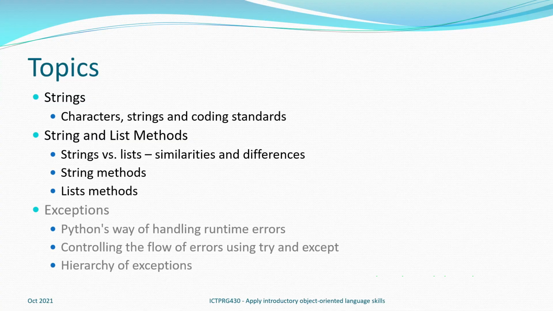So we'll be talking about the coding standards used to represent strings, each character, and then we'll expand on the methods and functions that you already know about to handle strings and lists. In part 2 of chapter 2, we'll cover the exceptions that can arise and how to handle them.